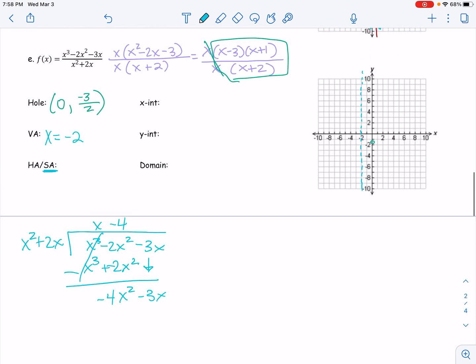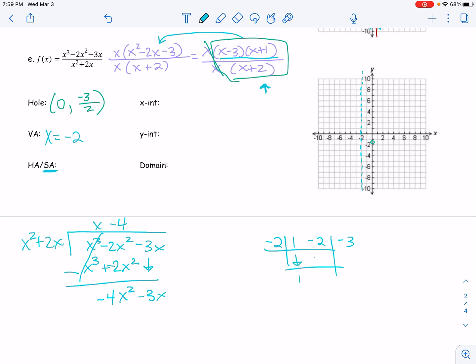If I use the remaining part of my function, which is what I'm supposed to be doing, couldn't you use synthetic division here? Yes, so that would be a negative 2 in my box. Then the only downfall to the synthetic here and using the remaining is that now you will have to multiply this out. But that's actually easy for us because it's right here. And so that would be 1, negative 2, negative 3.